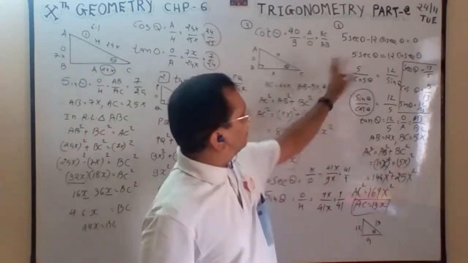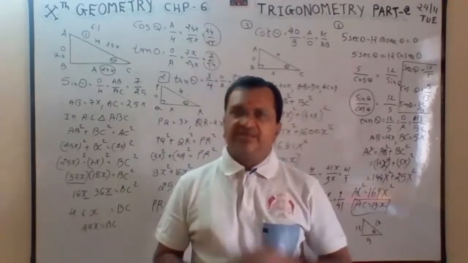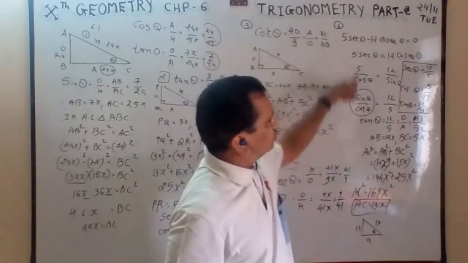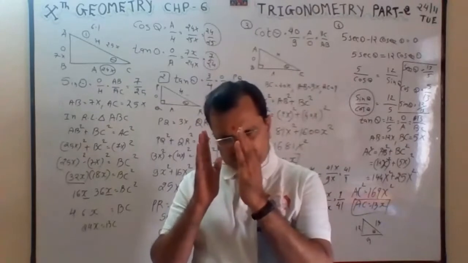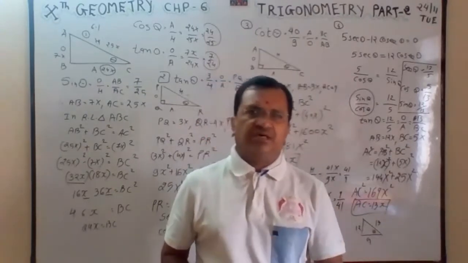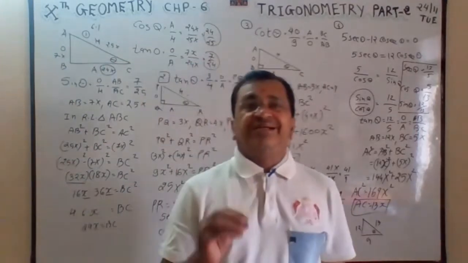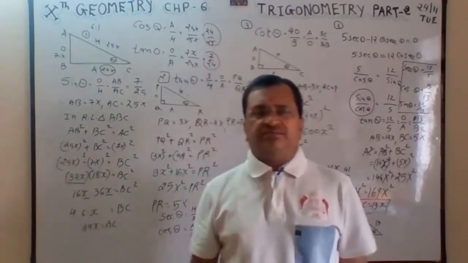In the fourth, they have given an indirect ratio. They have not directly given it, they have given tan theta is equal to 12 by 5. Indirect: just two, three steps you have to do to find a single ratio. Next also, tan theta is equal to 1.